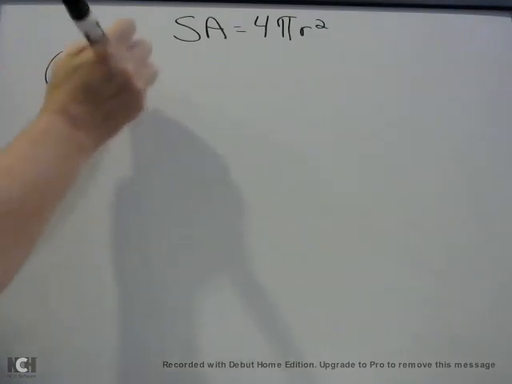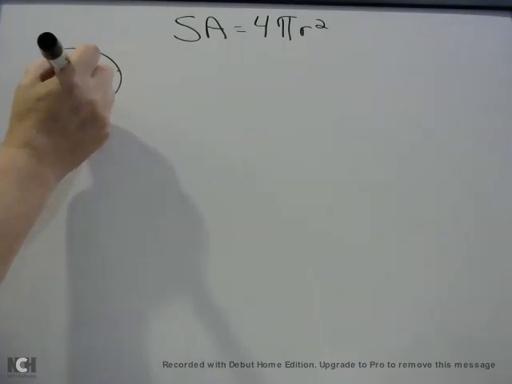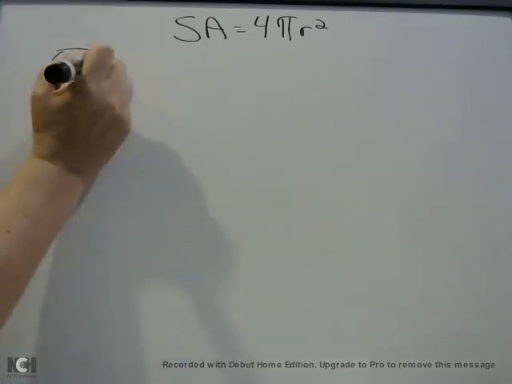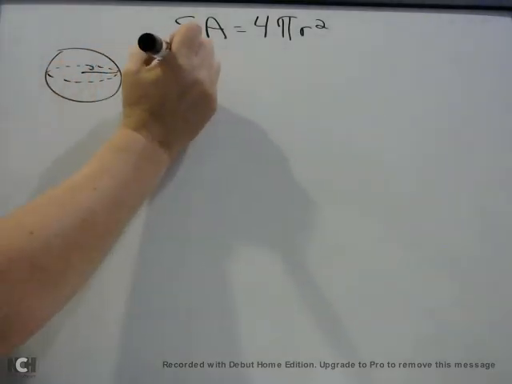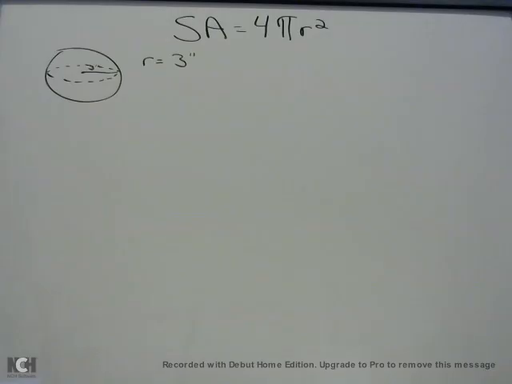So we'll do an example. Here's your sphere. I'm going to show the center of it by these dotted lines here. Let's say that you get a problem and it says that the radius is 3 inches. So radius equals 3 inches. What is the surface area?